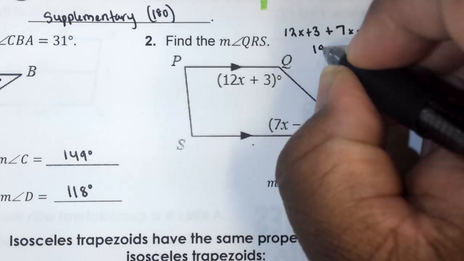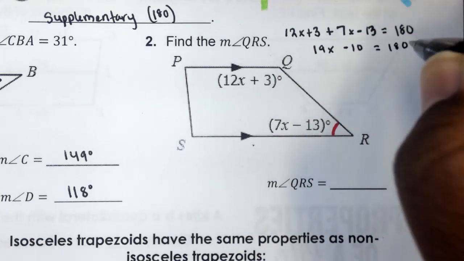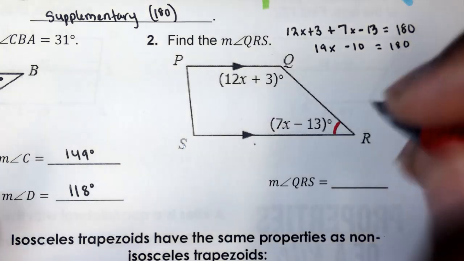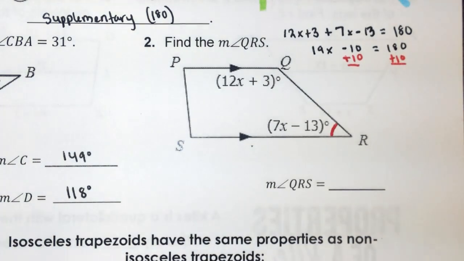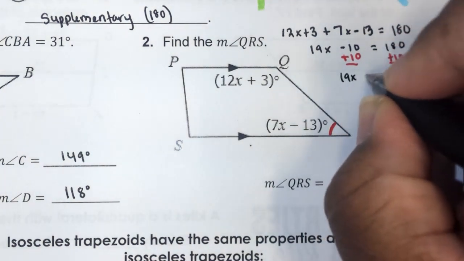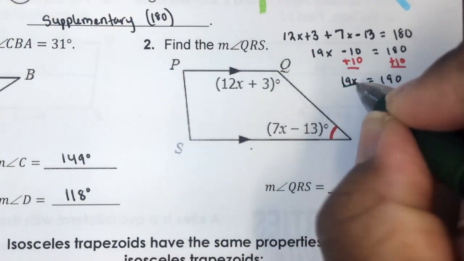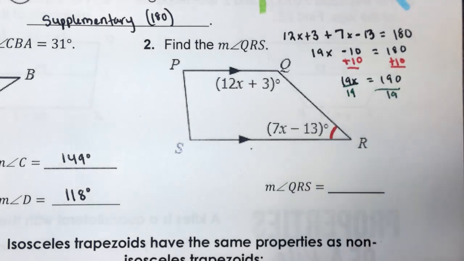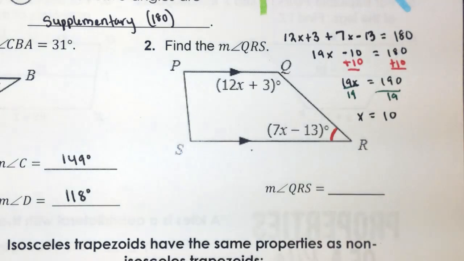Combine like terms. After we get X equals 10, they want angle QRS.